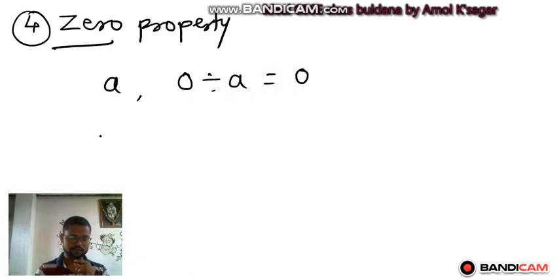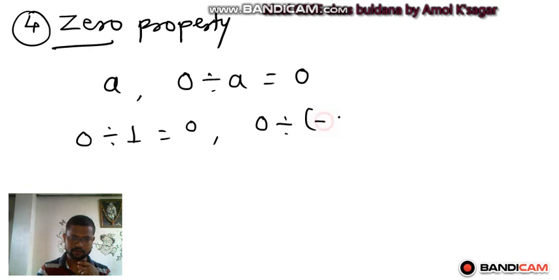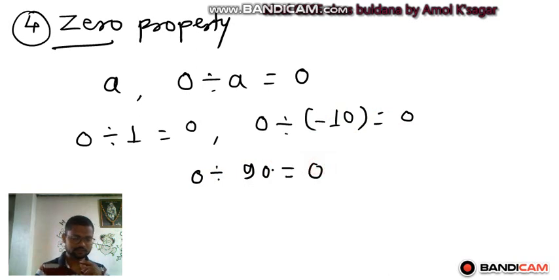For example, 0 divided by 1, the answer is 0. 0 divided by negative 10, the answer is 0. 0 divided by 90, that time also the answer is 0. Division by 0 is not defined for integers also.